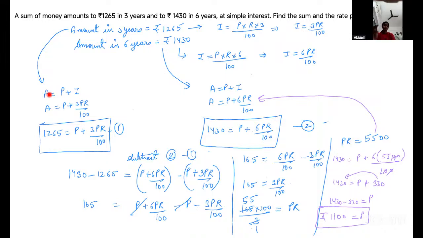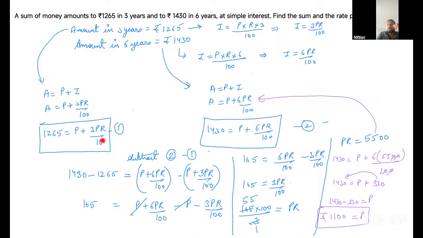The amount is equal to principal plus interest. Now principal is given, which I don't know. I just bring 3 PR upon 100, so I put it like that. And the amount for that is 1265. So 1265 equals P plus 3 PR upon 100.